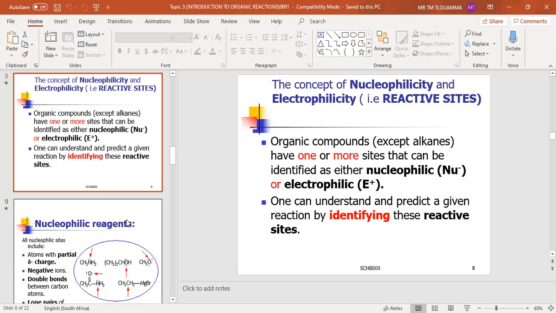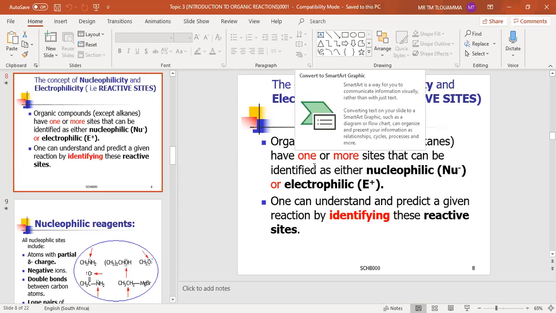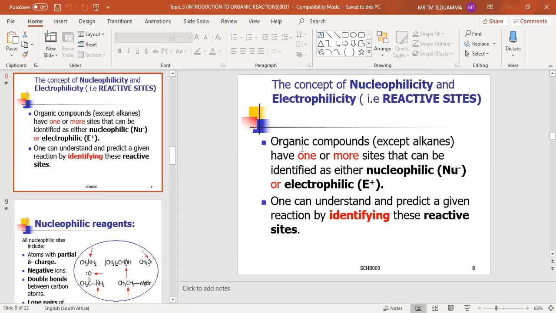So normally in the Lewis acids, we're saying that the electrophile will what? It will accept the electron pairs. Right? That's the electrophile.